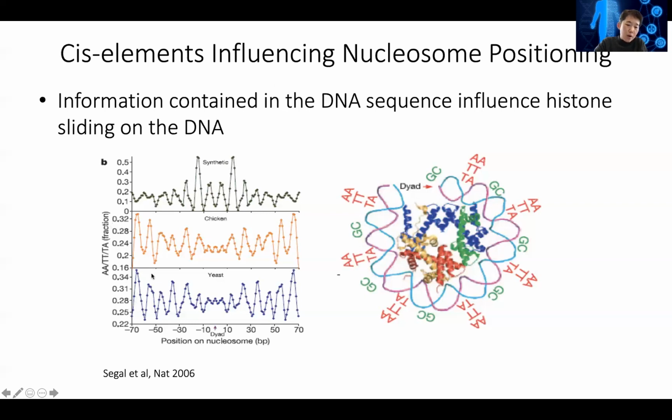It's a very small fluctuation, but it's consistent across the genome. If you just look at any region, you will see this kind of weak 10 base pair periodicity.